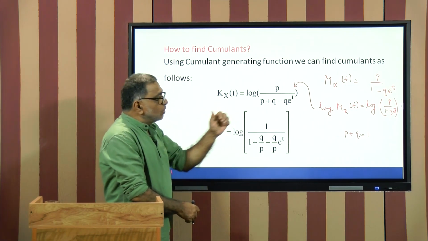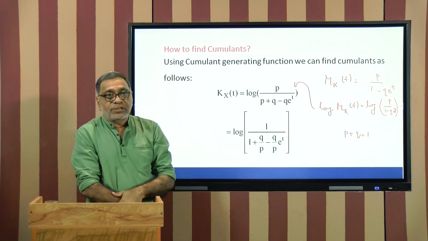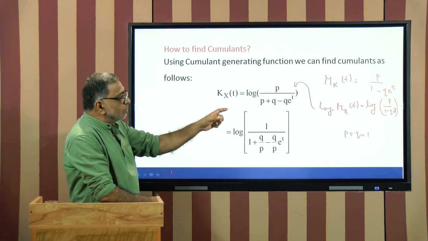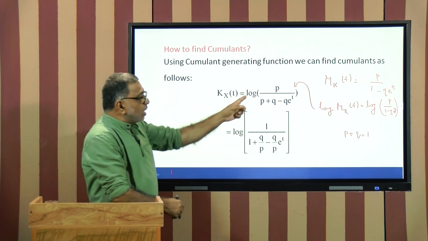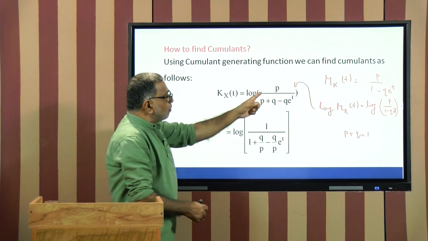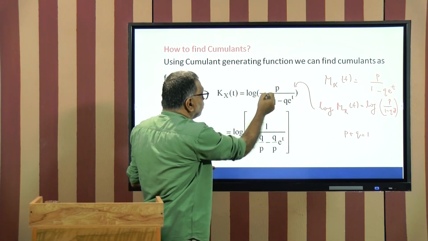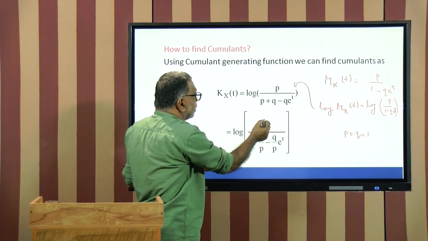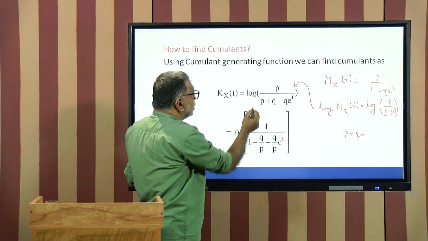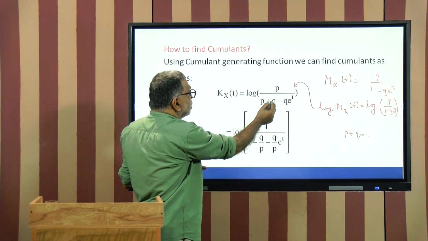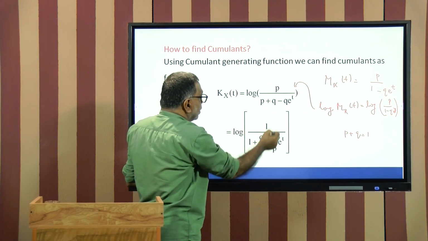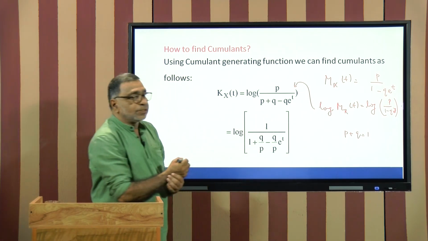What is the advantage of writing the cumulant generating function like this? Because p is cancelling from the numerator and denominator, we can have 1 and this is again 1, q divided by p minus q divided by p e^t.